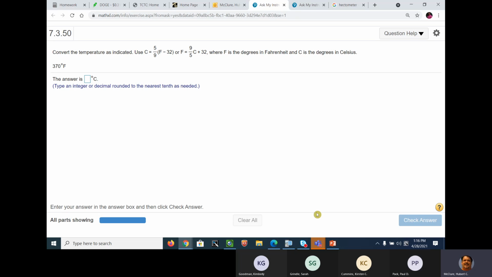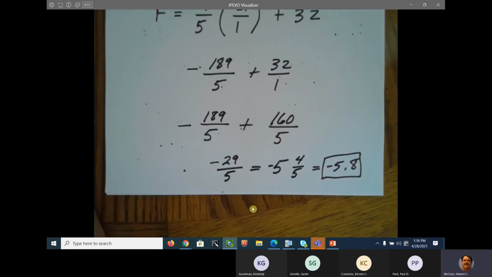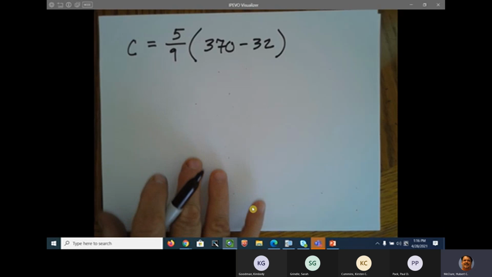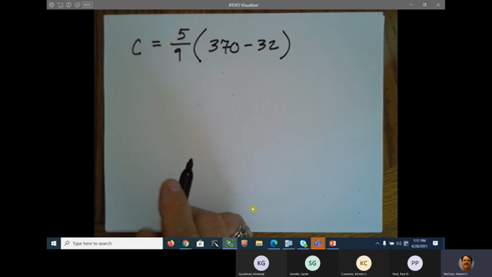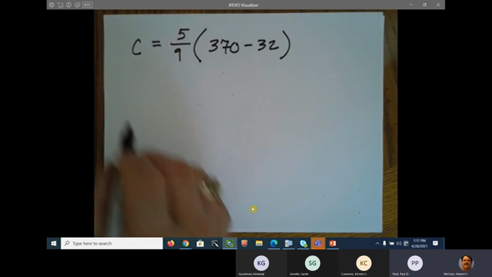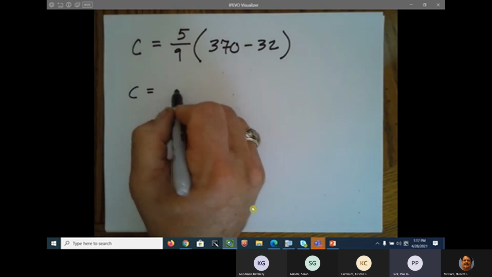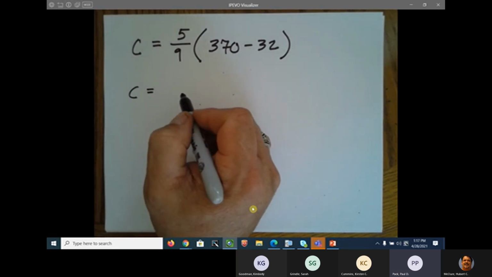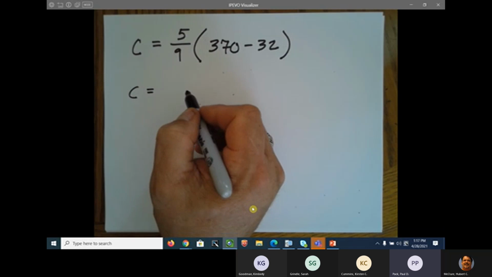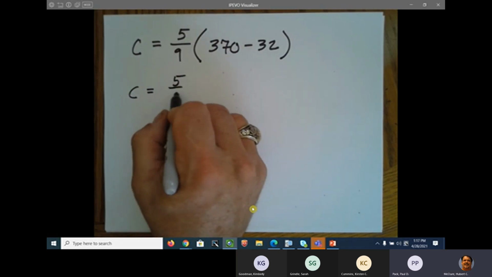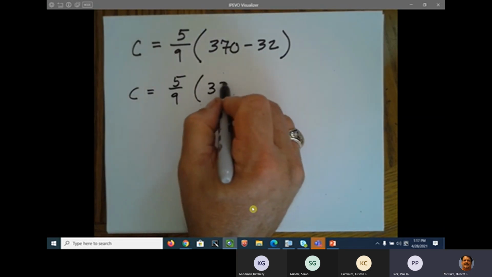Got Fahrenheit, so that's going to be Celsius is equal to 5/9 times 370 minus 32. Okay, I'm going to show you that, and you should be able to do that. Somebody do that for me right quick on the calculator. 370 minus 32 is 338.